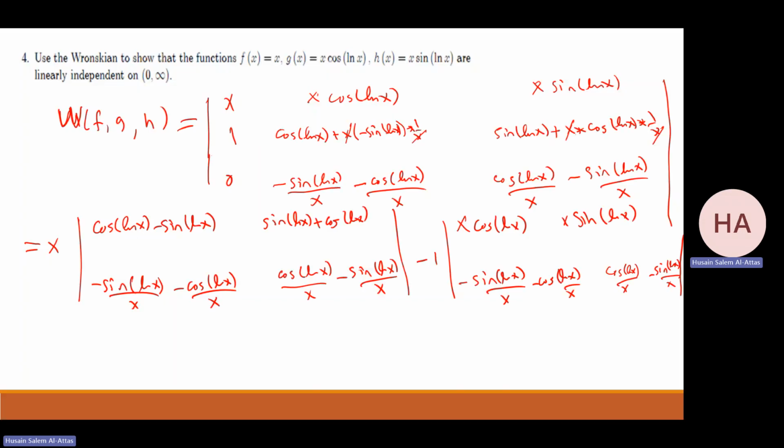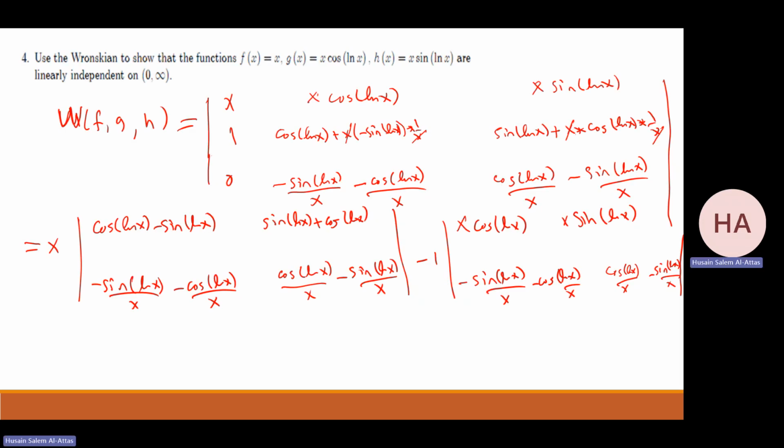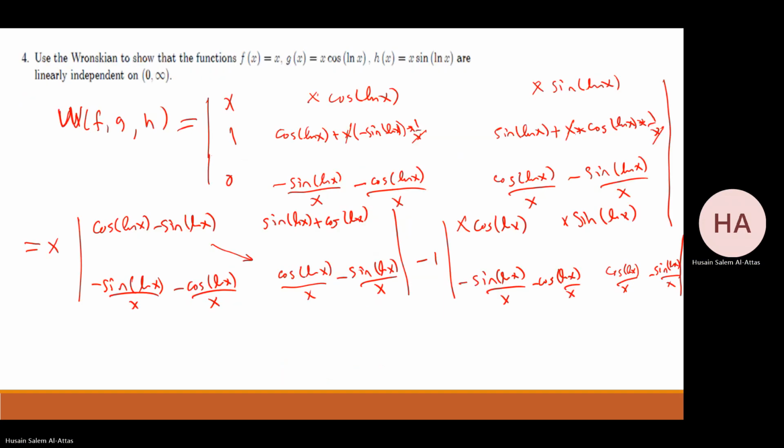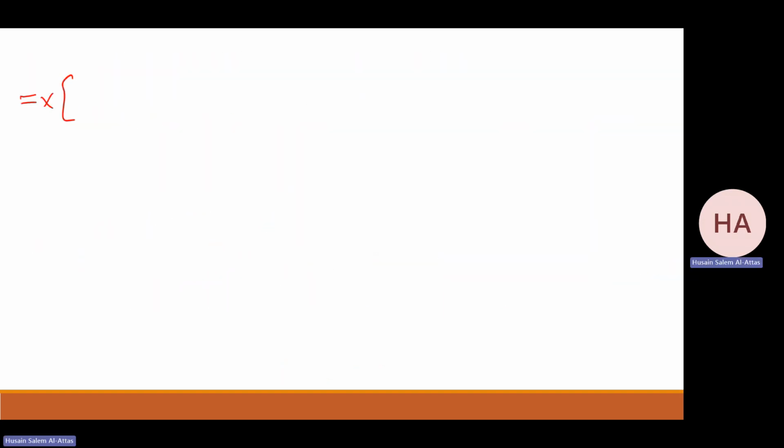Yeah, that gives me what? x times this times this. So I have cosine minus sine, squared over x. Yeah, I have cosine ln x minus sine ln x all squared over x.